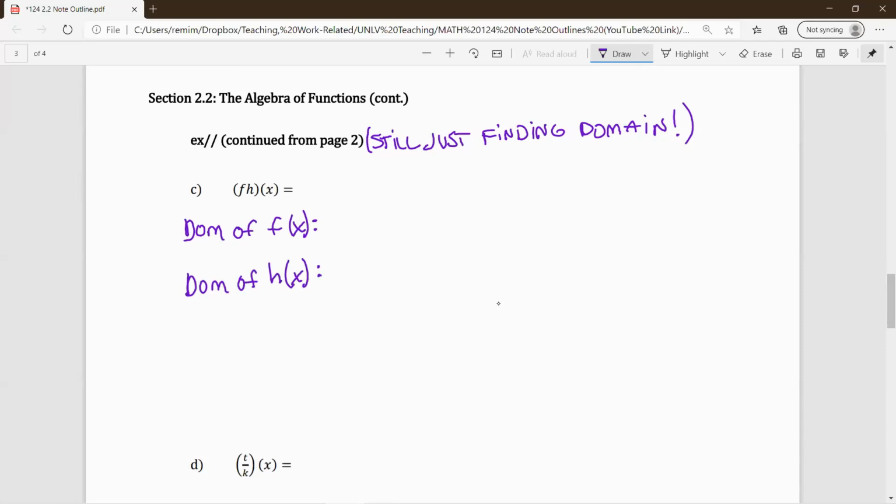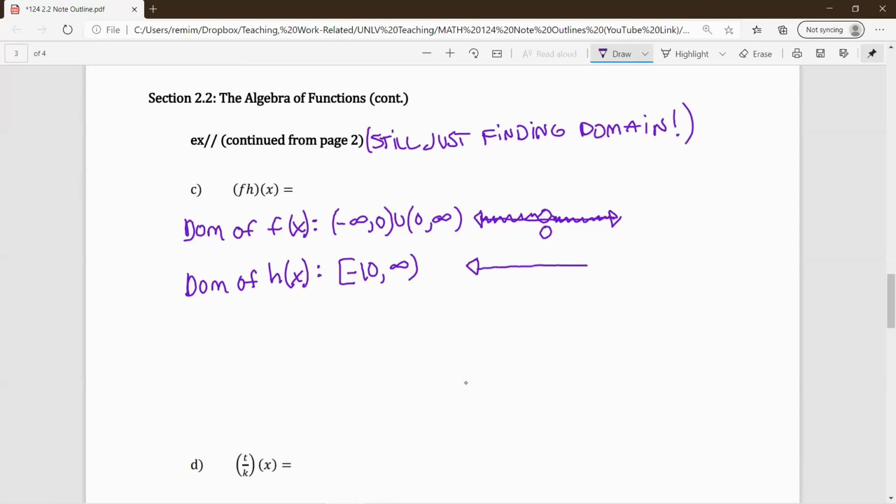And if we look back to the previous page, we said that the domain of f of x is negative infinity up to 0, skip over 0, keep going to infinity. And we said that the domain of h of x is negative 10 up to infinity. And then we're going to draw each of these on the number line. So remember, for this first one, we have an open circle at 0 and everything else is shaded.